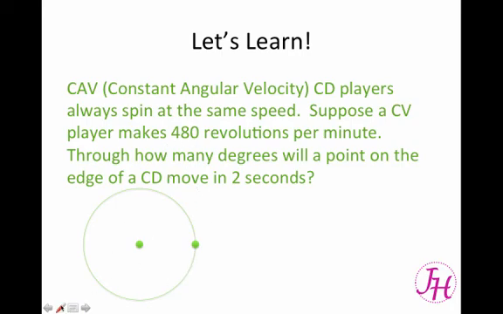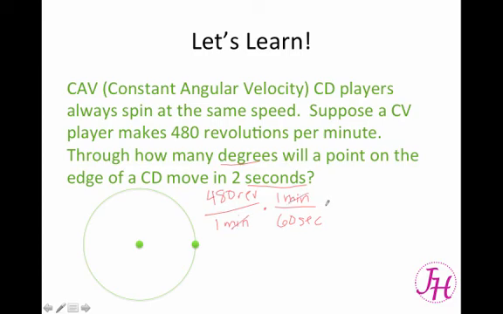So we're going to use a basic conversion here. We have 480 revolutions per 1 minute, and we want to know how many degrees in 2 seconds. Let's convert it to seconds first. So in 1 minute, there are 60 seconds, so that gets our minutes to cancel.